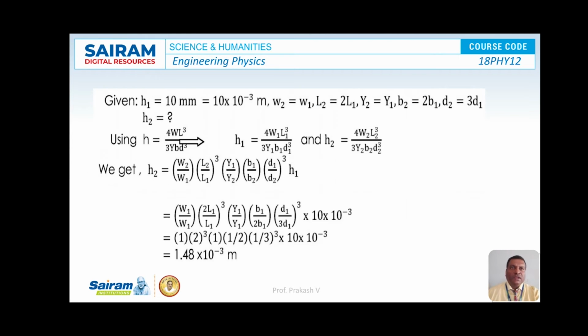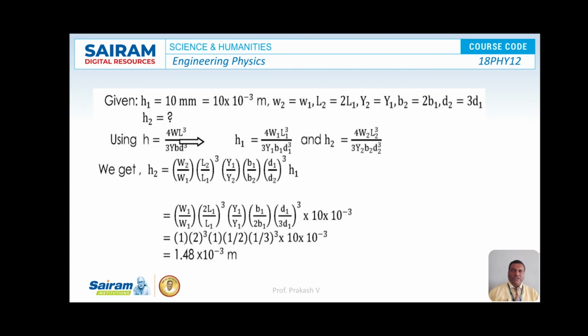So the data according to the problem is h1 is equal to 10 mm, that is the depression observed, that is nothing but 10 into 10 to the power of minus 3 meter, and the load is the same here, that is w2 is equal to w1, and the length of the second cantilever is 2 times the length of the first cantilever, that is L2 can be written as 2L1 here, and Young's modulus is the same, that is y2 is equal to y1, and the breadth of the second cantilever is 2 times the breadth of the first cantilever, that is b2 is equal to 2b1, and the thickness of the second cantilever is 3 times that of the first cantilever, that is d2 can be written as 3d1.